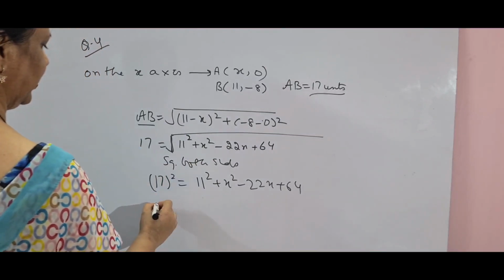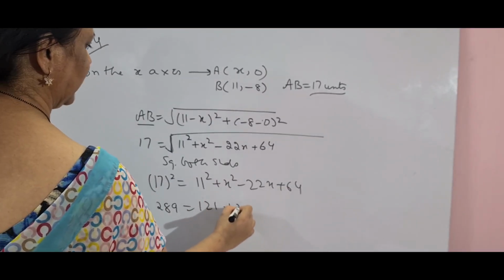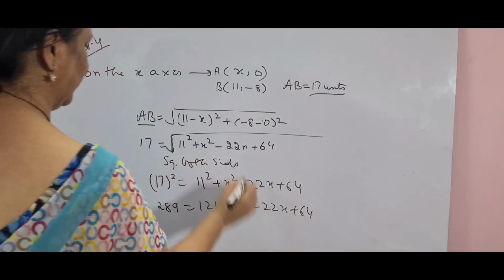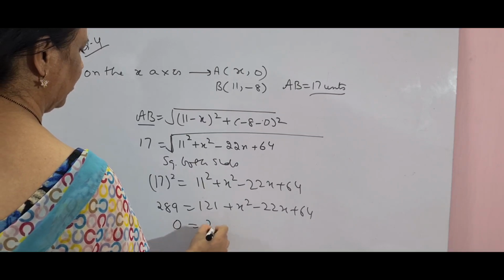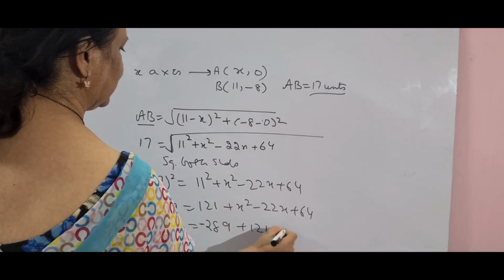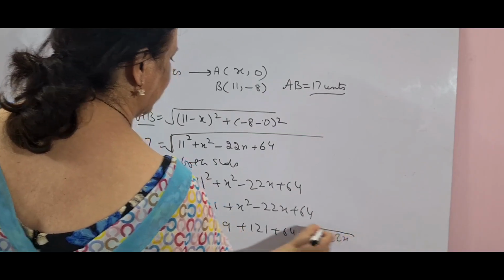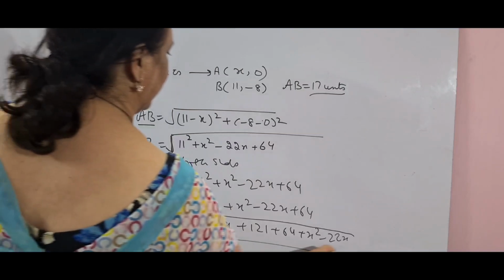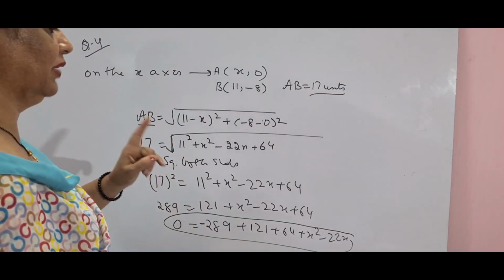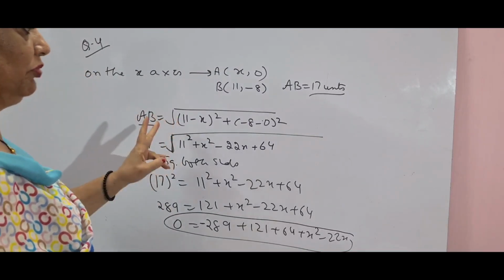You are getting the equation 289 is equal to 121 plus x square minus 22x plus 64. Take 289 to the other side to make a proper equation: x square minus 22x plus 121 plus 64 minus 289. This will be a sum and product type equation in which you have to find the two numbers that give the same sum and the same product. You will get two answers and both will be your answers.